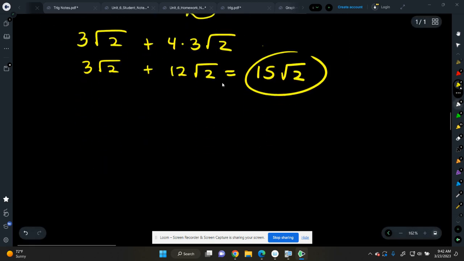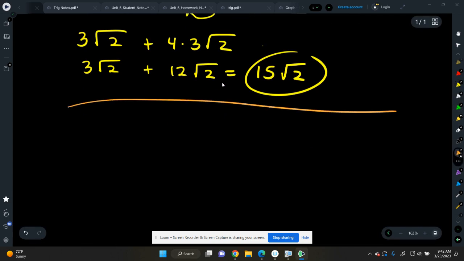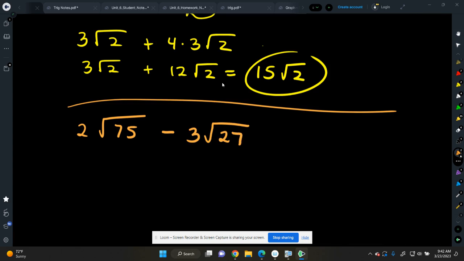Here's another example. Let's do 2 root 75 minus 3 root 27. So 75 and 27 are not simplified, right?